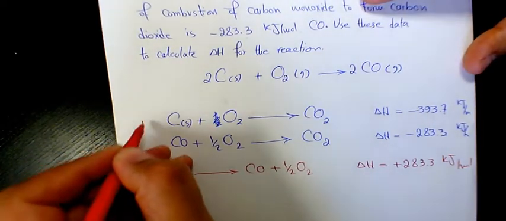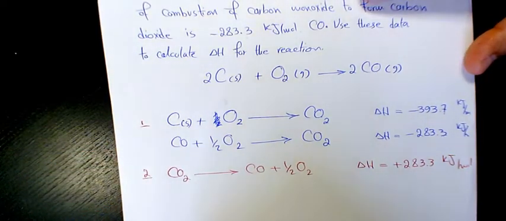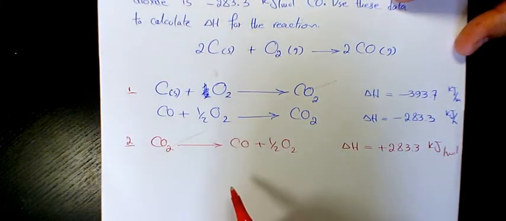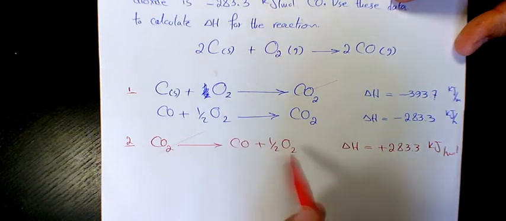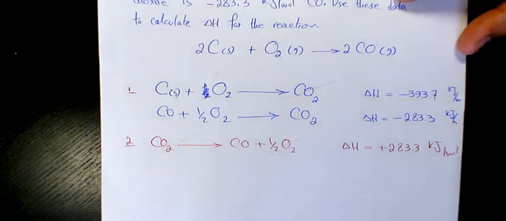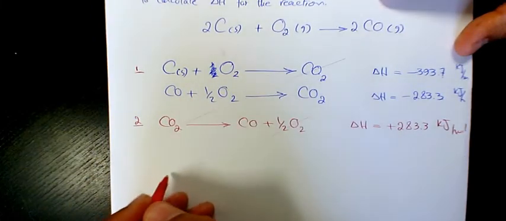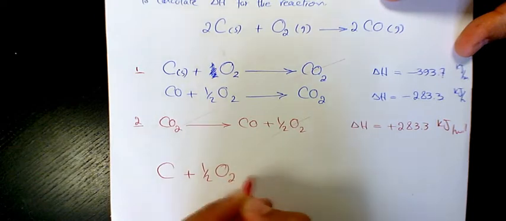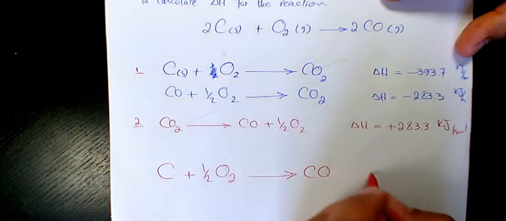Then once you add the first reaction with the second reaction, these two CO2 cancel out, and we're gonna have only half on the reactant side. So C plus 1 over 2 O2 is gonna give us CO.